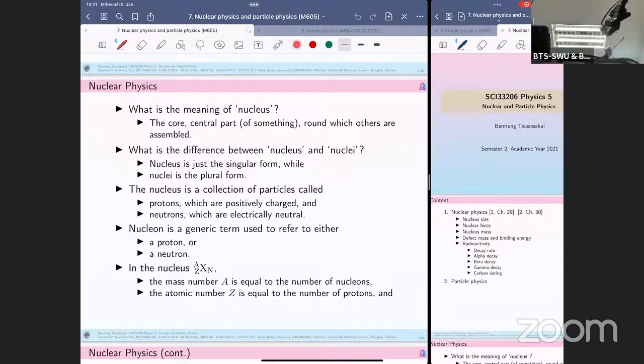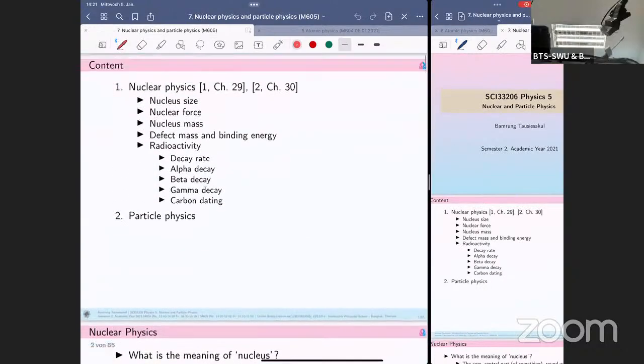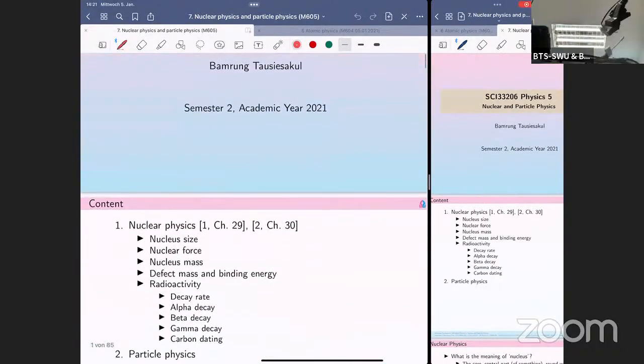Anybody from M605? I have already started our chapter, unfortunately. Is there anyone from M605? Hello.